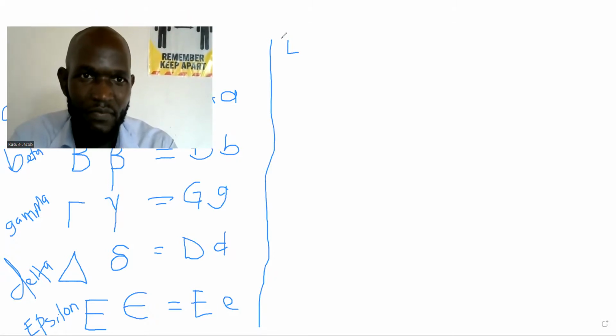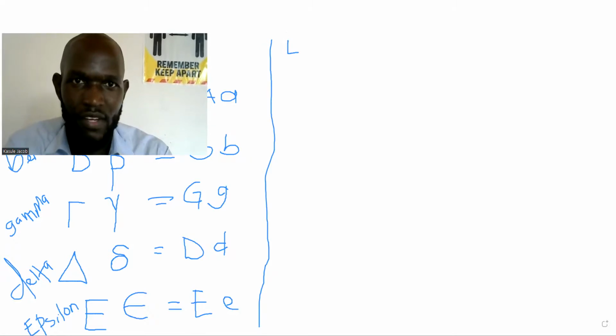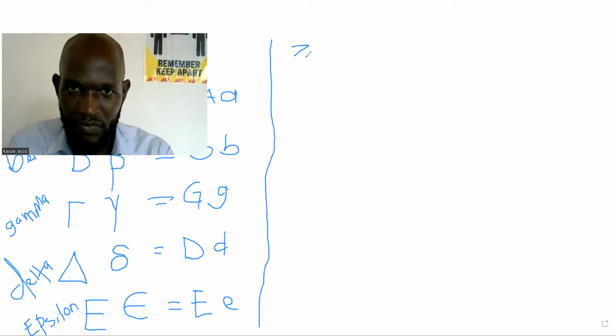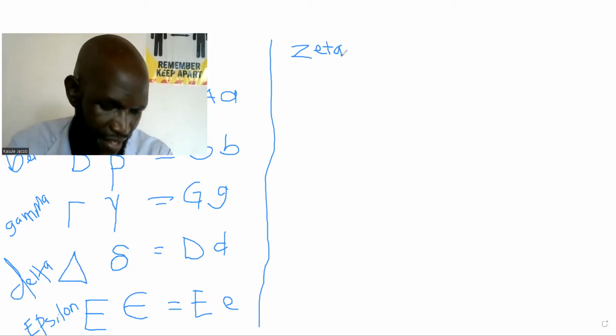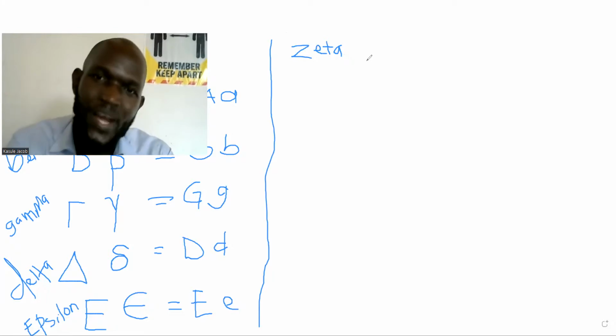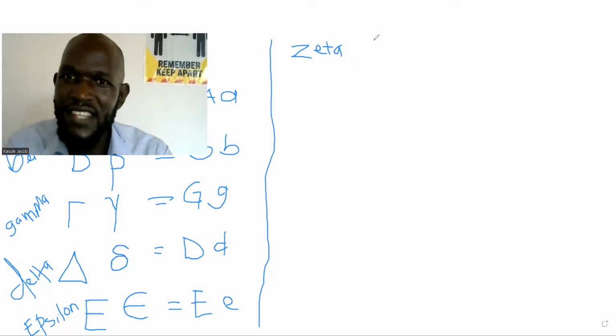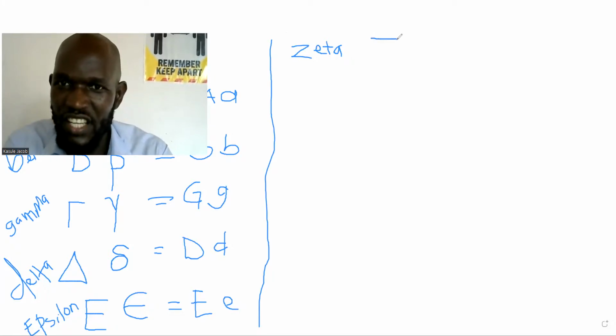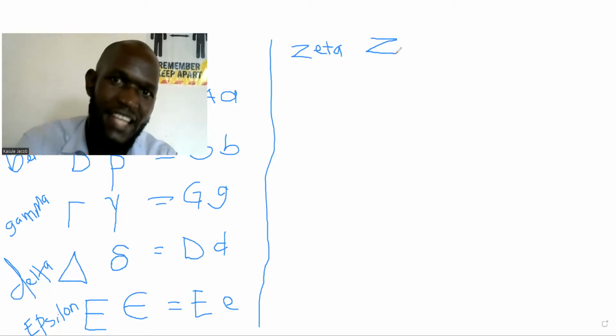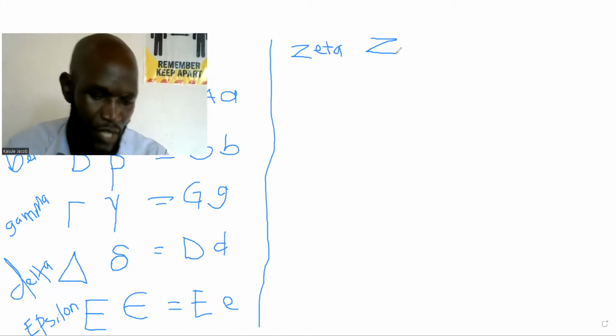Sorry, let me undo that one. So the name is zeta, Z-E-T-A. Like that, that is zeta. Now, the way it's written is the uppercase is exactly just like the way it appears in English.